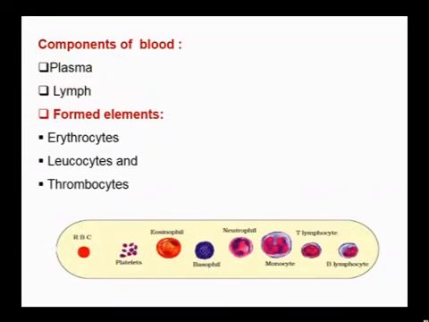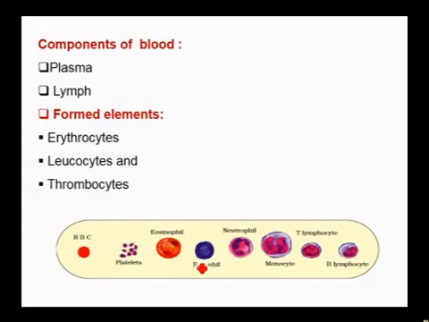The components of the blood. Blood comprises of the plasma, then the formed elements: erythrocytes, leukocytes and thrombocytes. RBC is nothing but an erythrocyte. Then the WBCs or leukocytes are of different varieties. They may be granulocytes and agranulocytes.